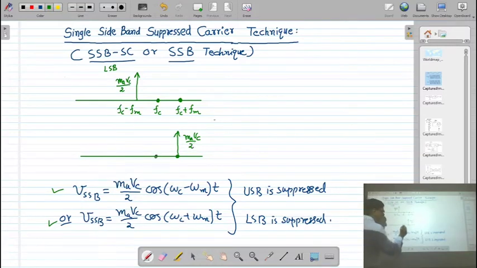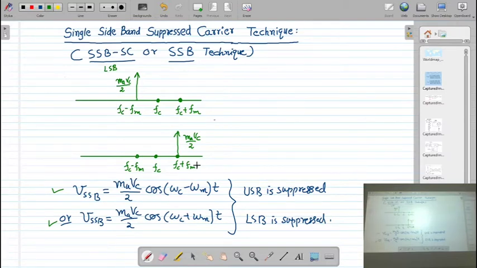Here the carrier frequency is suppressed, and the lower sideband frequency is also suppressed, so you can draw it in this way. Okay. So this is the frequency spectrum for an SSB.